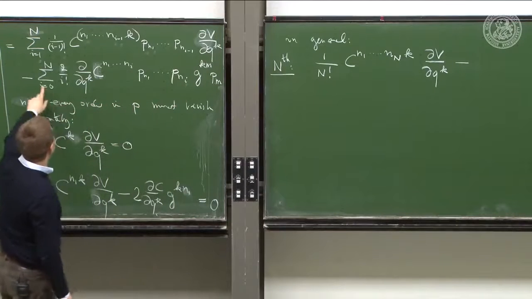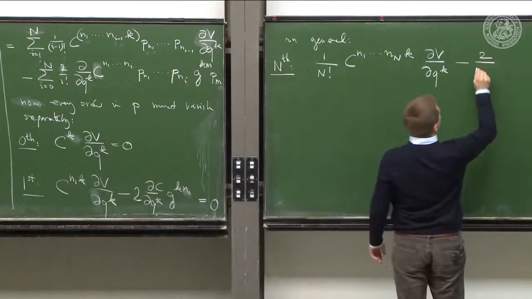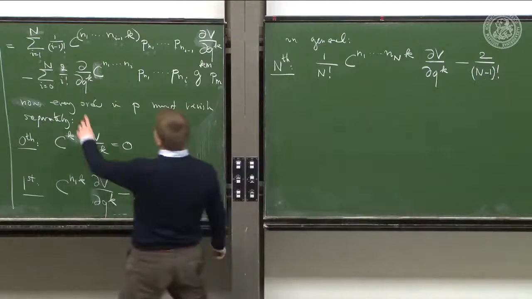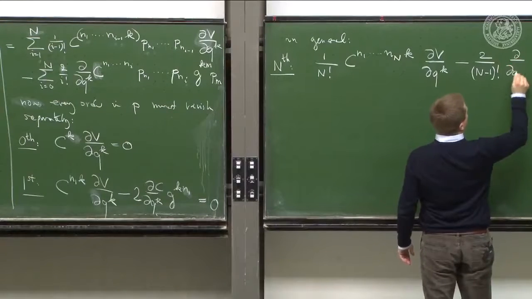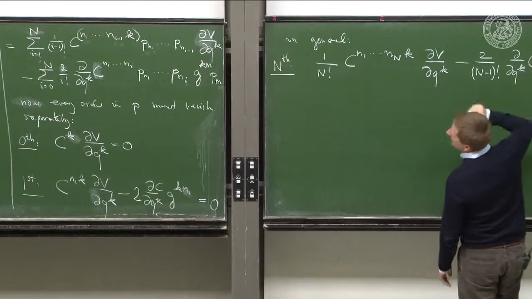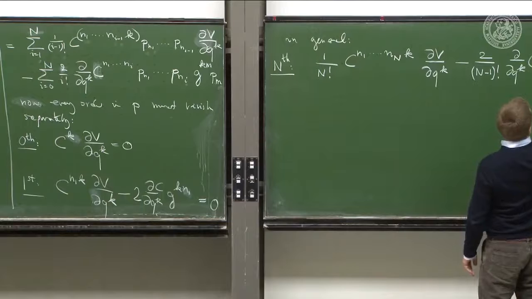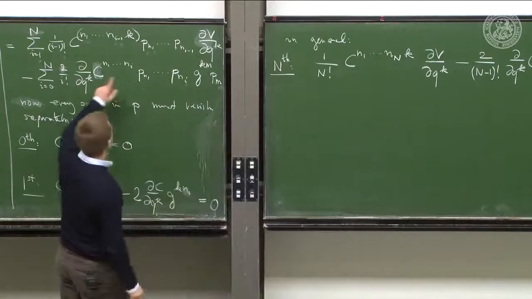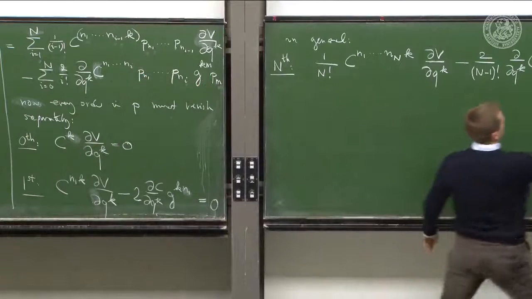So I get 2 over n minus 1 factorial, d by dq k of the C from n1 up to n minus 1, g k m.